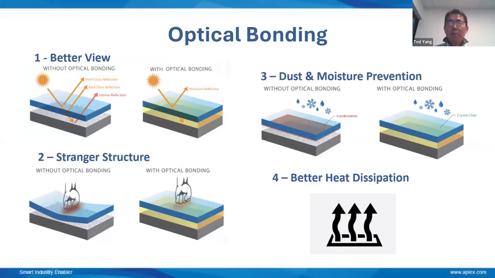But if it is under direct sunlight for a certain period of time, the temperature of the touch screen itself might be even more than 60 degrees Celsius. Therefore, heat dissipation is a very important part of our outdoor applications.